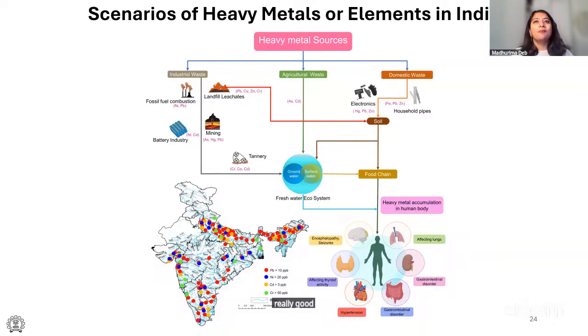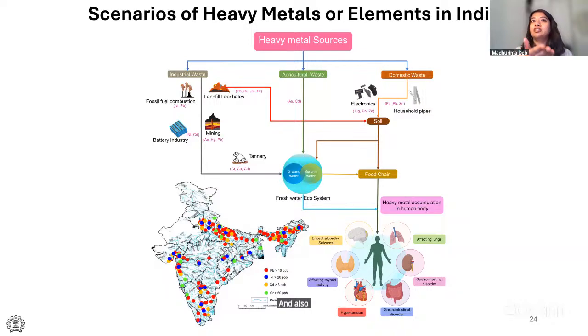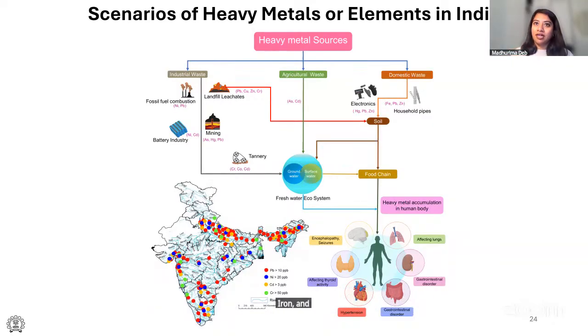As you can see in the map, the permissible limits are within the ppb range, whereas the levels are always higher than that. In the Ganges plain, and in southern India also, we see a lot of lead, nickel, and also, which I have not shown here, a huge amount of iron, more than we need, and zinc, that are polluting our rivers.